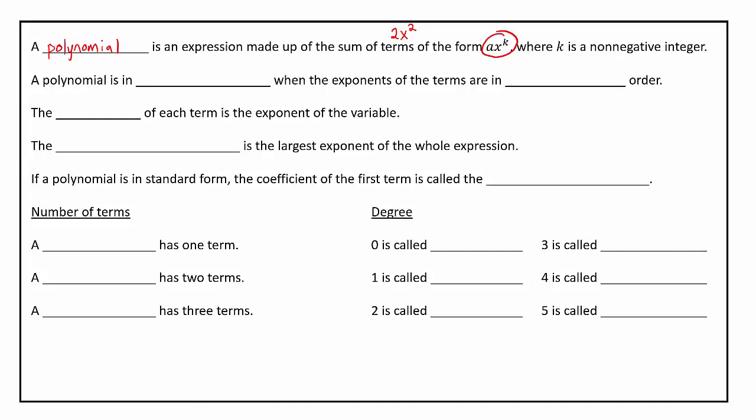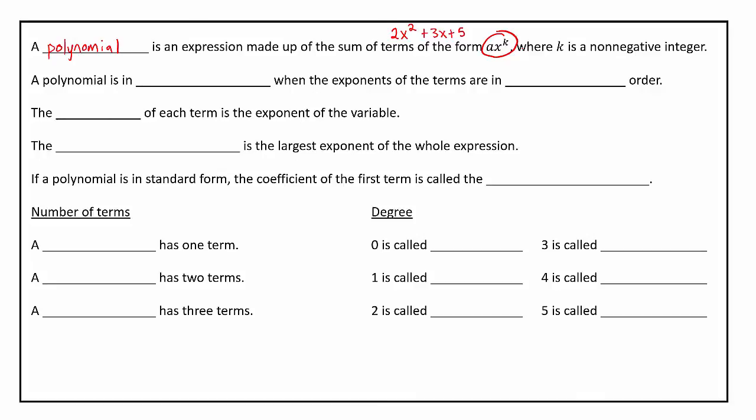It's got a number, an x, and an exponent, just like ax to the k does. And so this is a polynomial, 2x squared, but also if I add other things to it, like what we saw in our last chapter with quadratics, we usually had 3 different terms. So all of these together make a polynomial. All of them separately are polynomials.